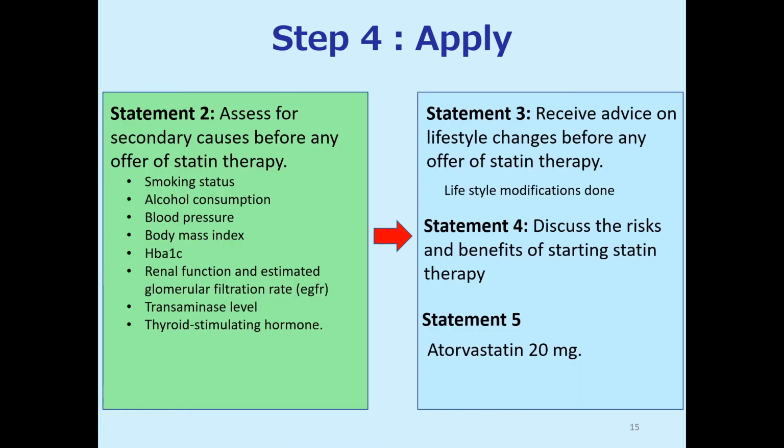As the patient has a 10-year risk of CVD of 21%, which is higher than 10%, according to statement 2, we have to assess the secondary causes before offering statin therapy.